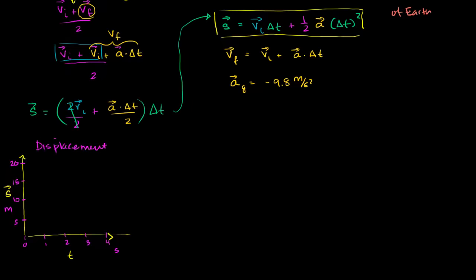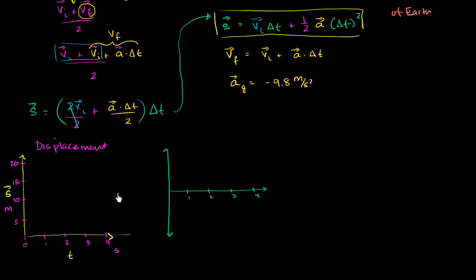And at the same time, I want to do a velocity graph. So let me draw my velocity graph like this. I'll do it a little bit differently, because the velocity will be going up and down, so we need to have positive and negative values here. But time will only be positive. And so once again, I care about 1 second, 2 seconds, 3 seconds, and 4 seconds in time.